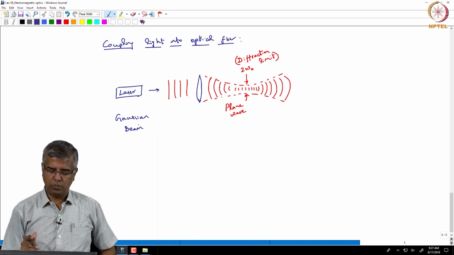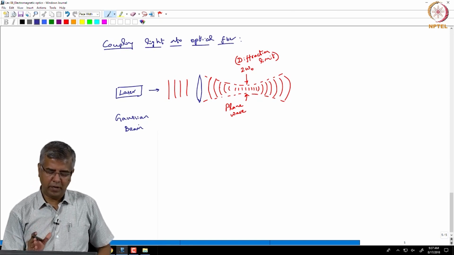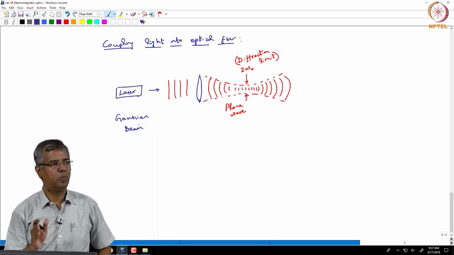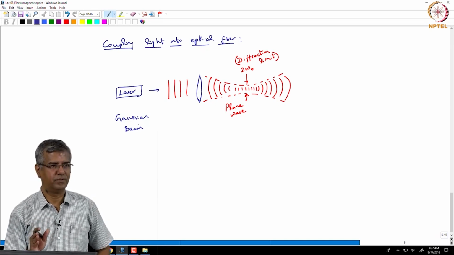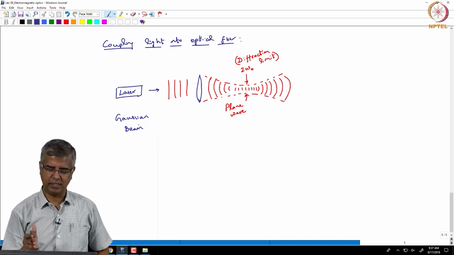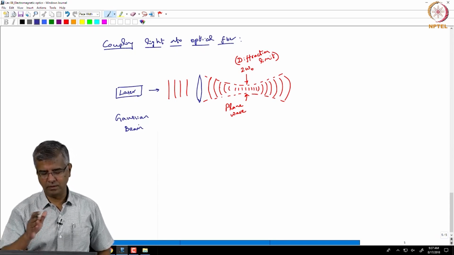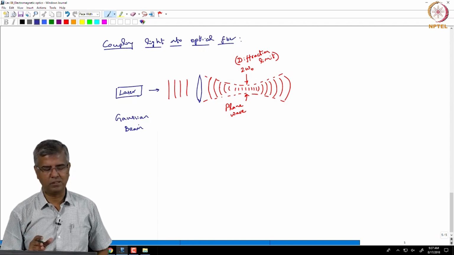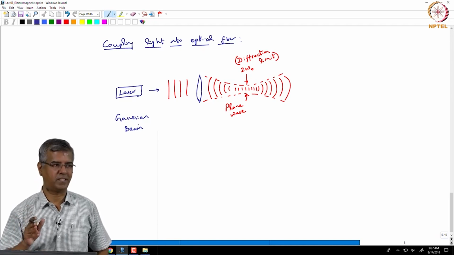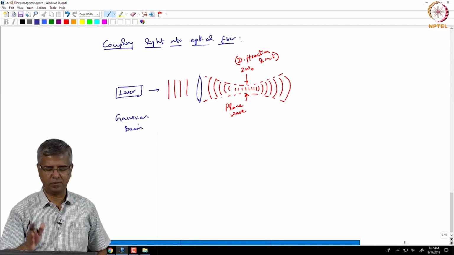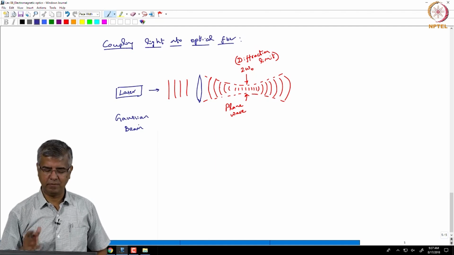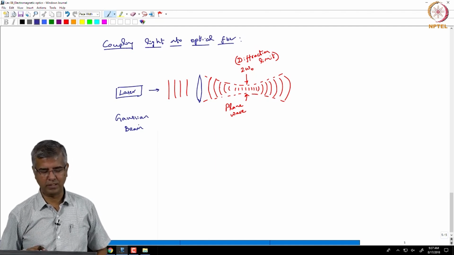So, whenever we talk about these plane waves, we are talking only about the wave front. What is a wave front? Once again, the collection of points which have the same phase. Okay, if it represents a plane, then we call it a plane wave front, right?